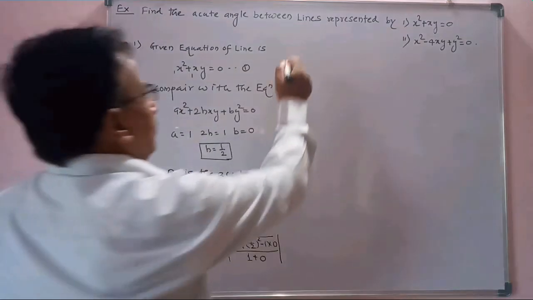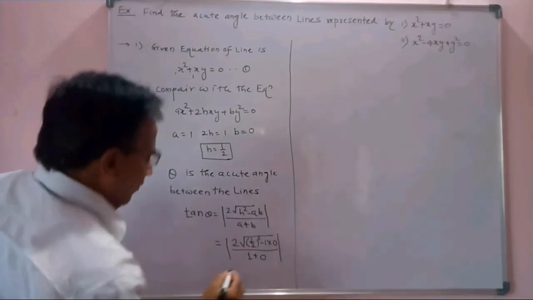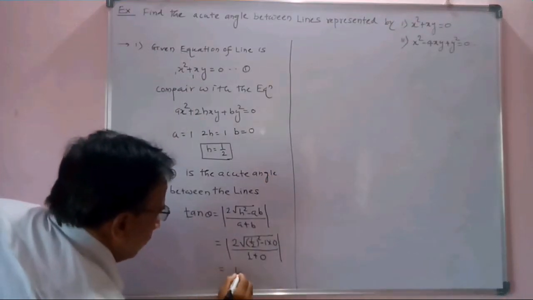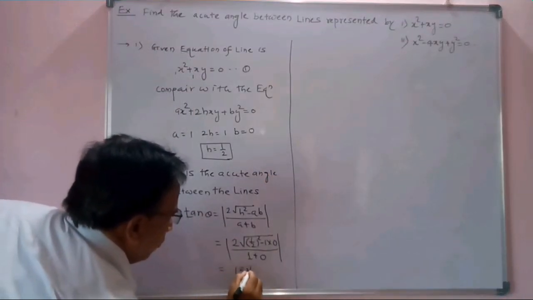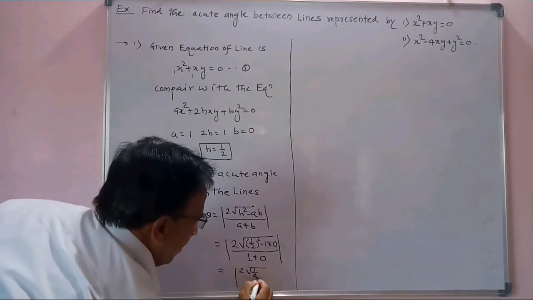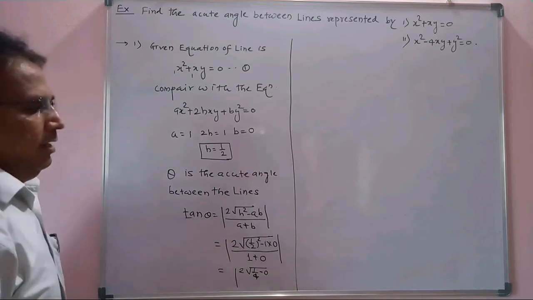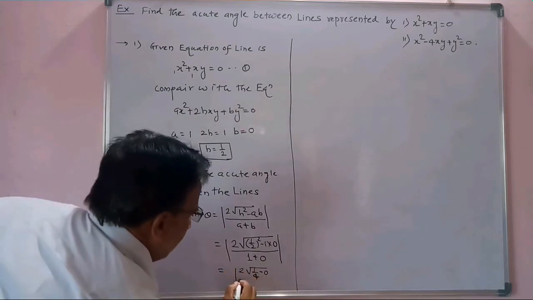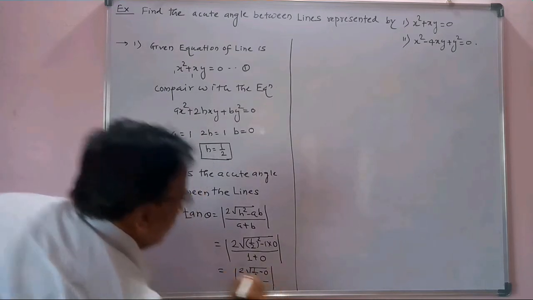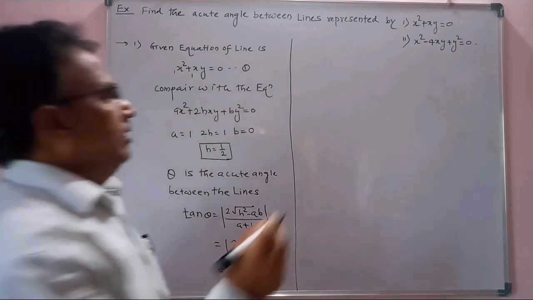Tan theta equal to mod of 2 into root of 1 by 4 minus 1 into 0, which is 0, divided by 1 plus 0, which is 1.